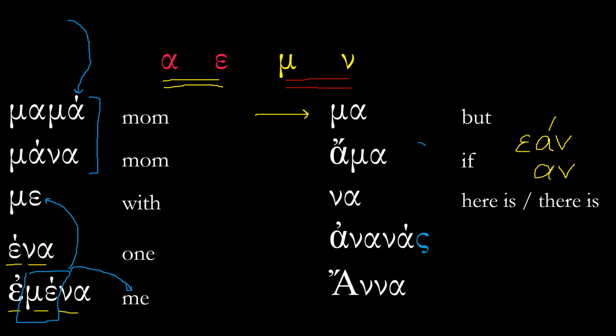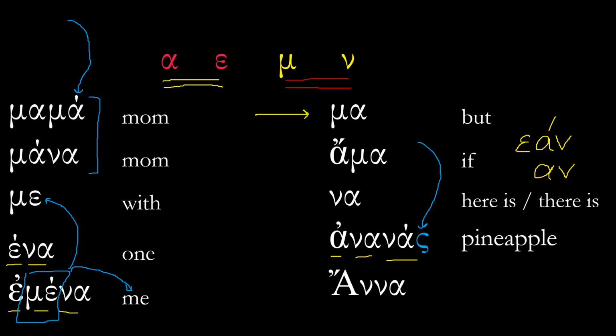For the next one, I had to throw in a new letter. This is a special type of S. It's a sigma. It only comes at the end of the word. We're going to learn it later. And you can kind of see an S there, or maybe a C with a little bit of a tail. Okay, so that makes an S sound. So this is ananas, which is a pineapple.